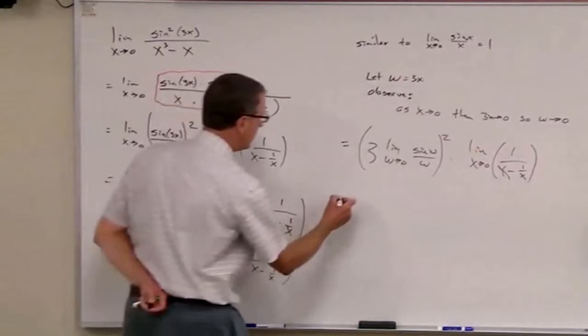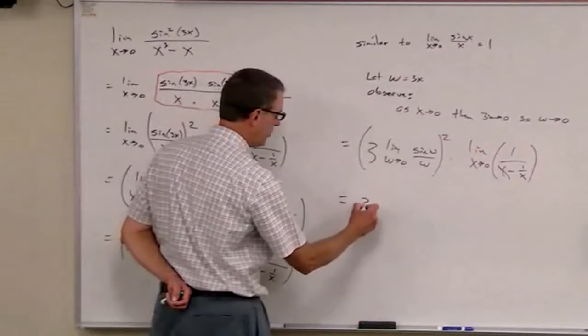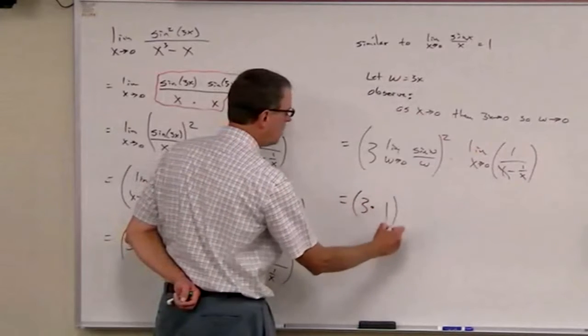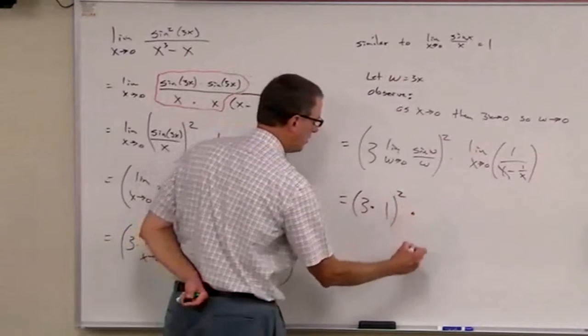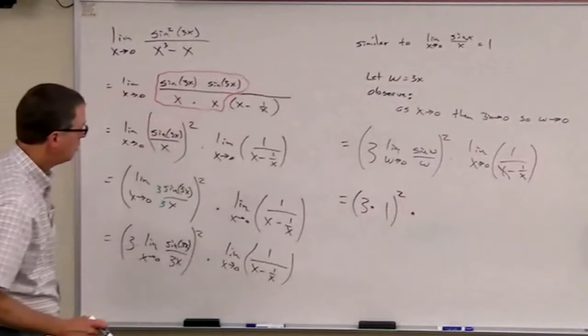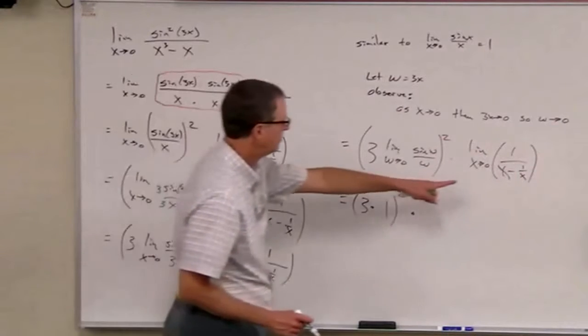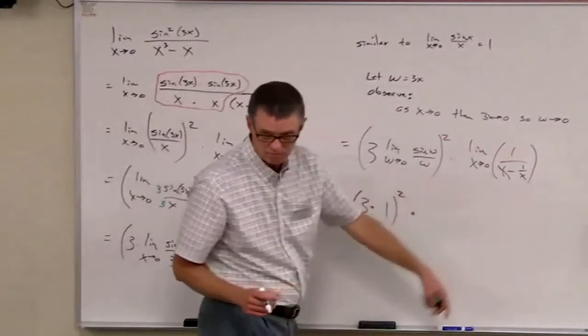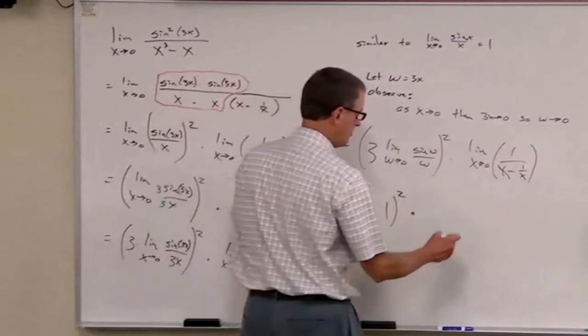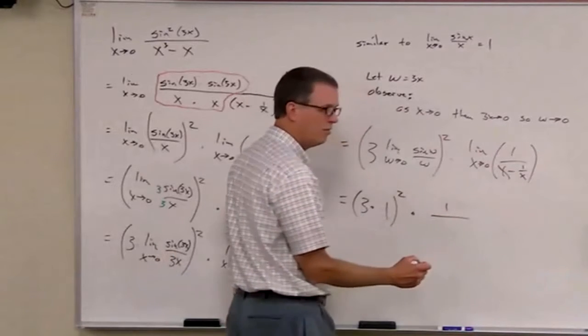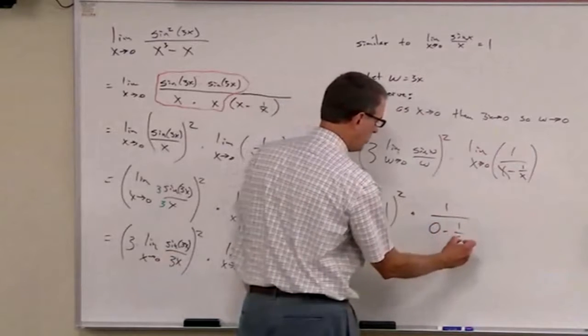Now we're about done. So this is 3 times 1 squared times, what do we get over here? 1 over 0 minus 1 over 0.